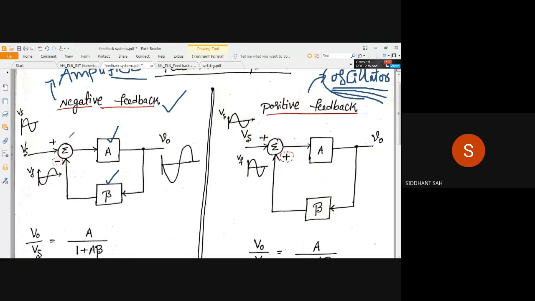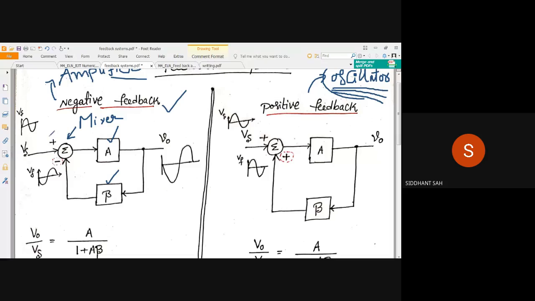And you just see here, this is the mixer circuit. What the mixer circuit actually does is mix the feedback signal with the input. So you just see the signs here near the mixer circuit.